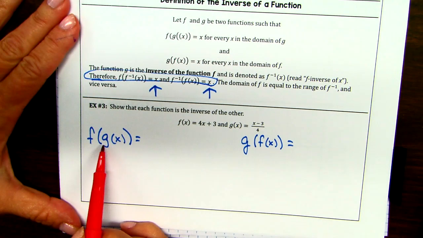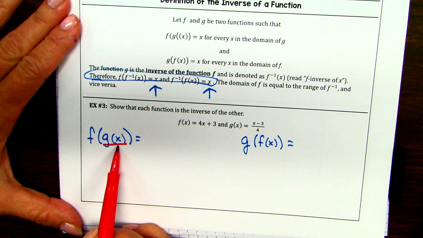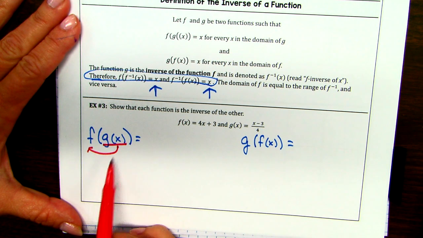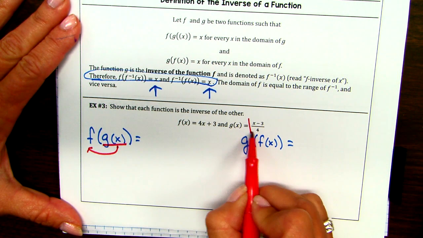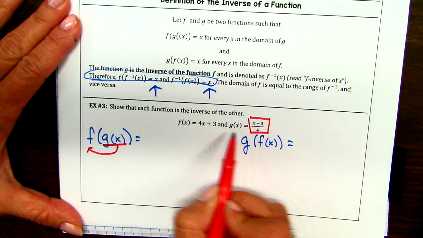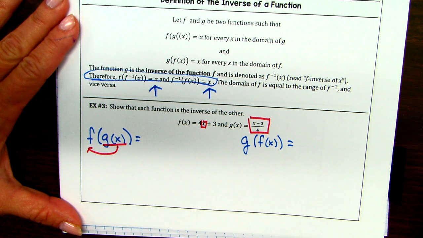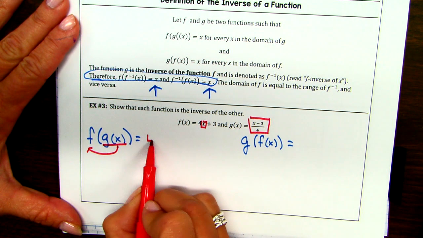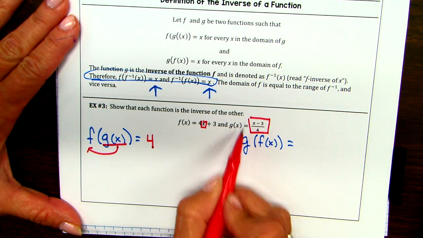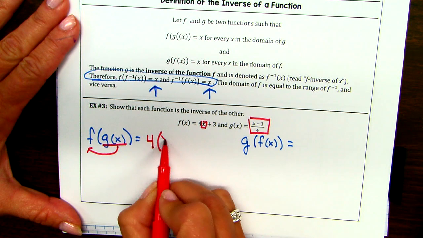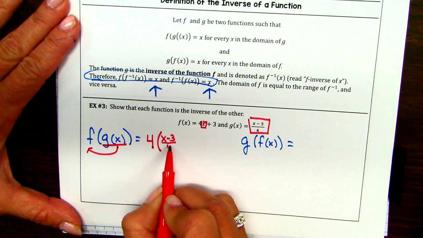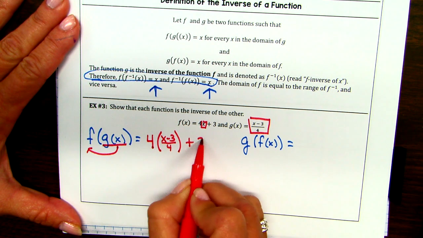So remember how to do this. Starting on the right, we go to the left. So I'm taking g of x, and I'm plugging it into f of x, right there. So that would be 4, parentheses, all of that, plus 3.